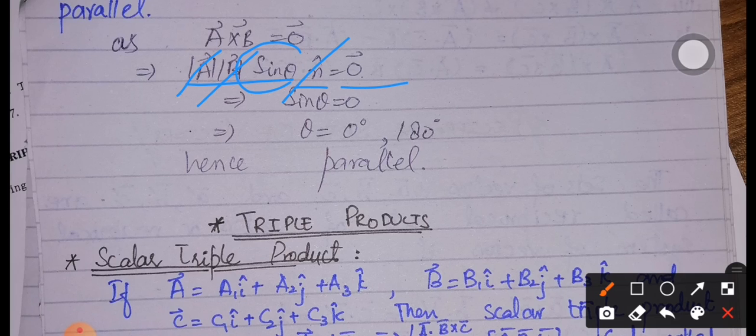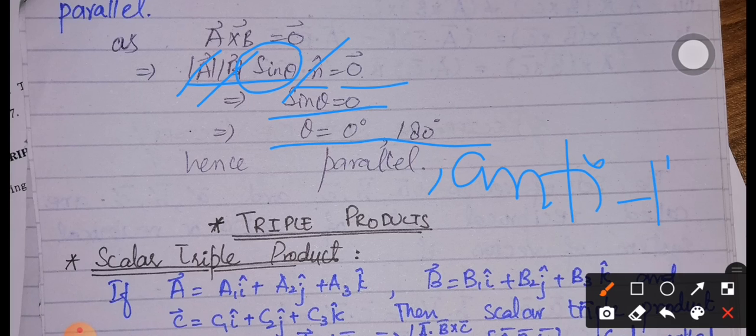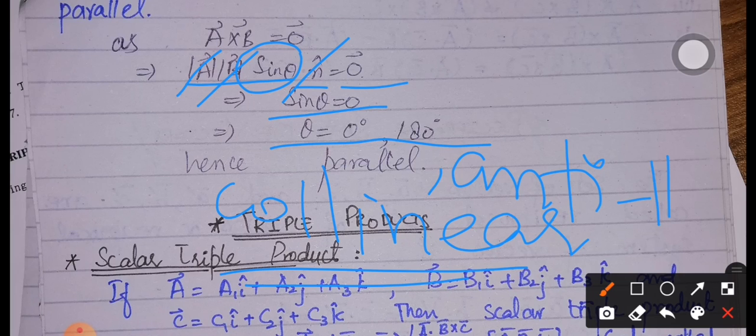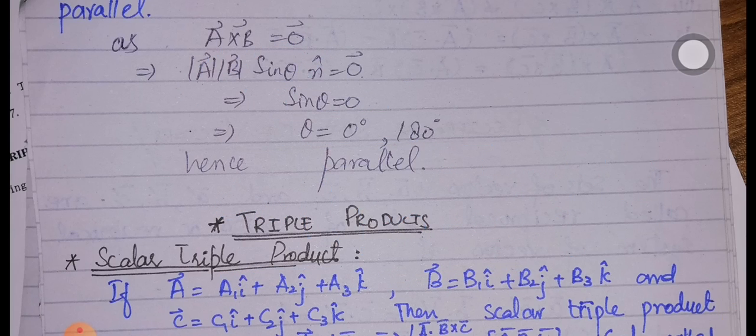So it means sine of theta must be equal to 0. So if sine theta is equal to 0, it means theta is equal to 0 or 180 degrees. It means these are parallel or anti-parallel. So whenever the cross product of two non-zero vectors is 0, we will say that the two vectors are collinear vectors. We cannot just say that these are parallel, we will say that these are collinear vectors, because these could be parallel or anti-parallel as well.